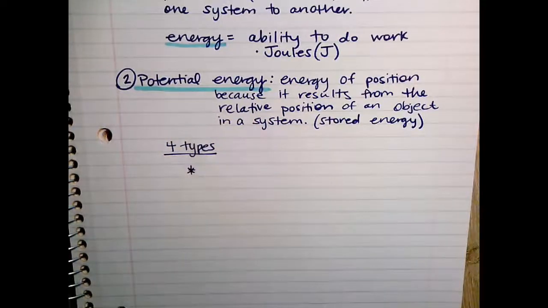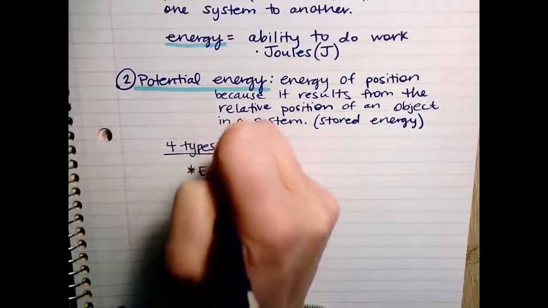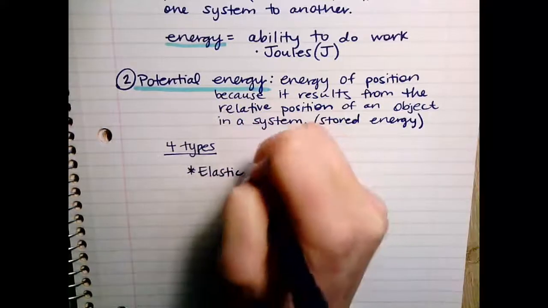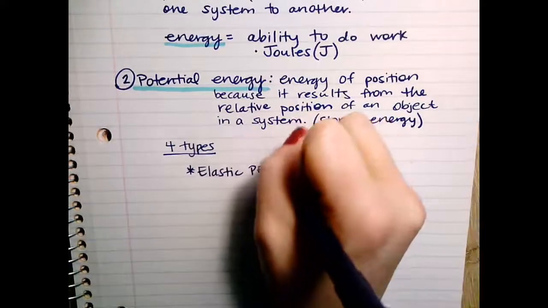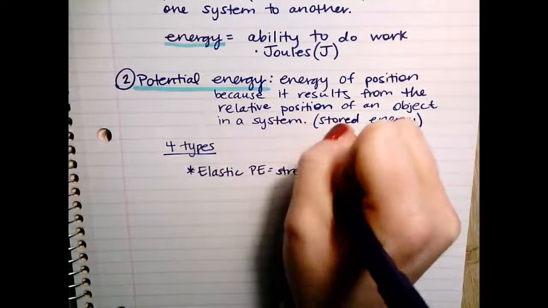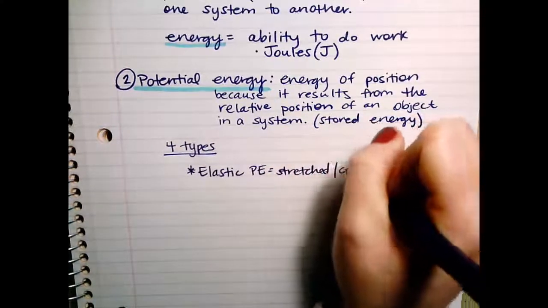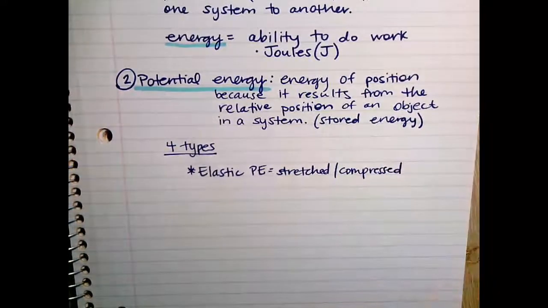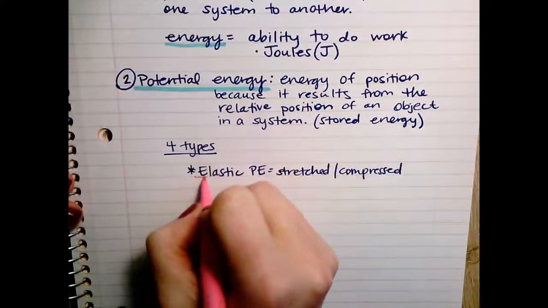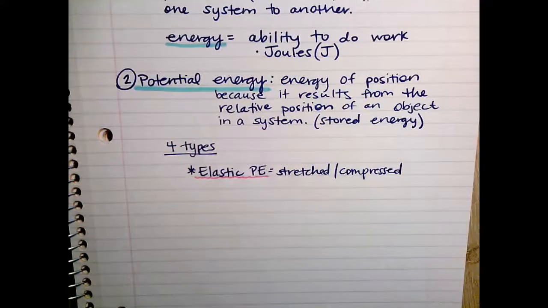The first one that we always talk about is elastic potential energy. So that's when something is stretched or compressed. I'm actually going to underline these, since these are just types, in pink so it still stands out.